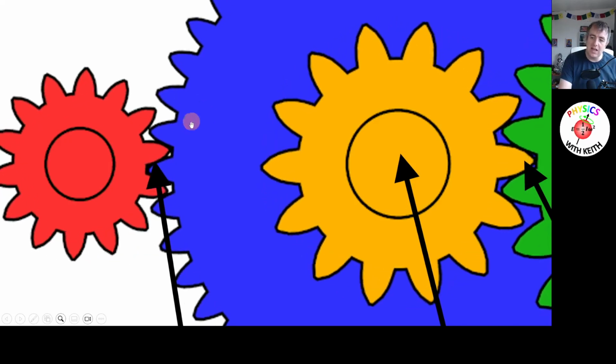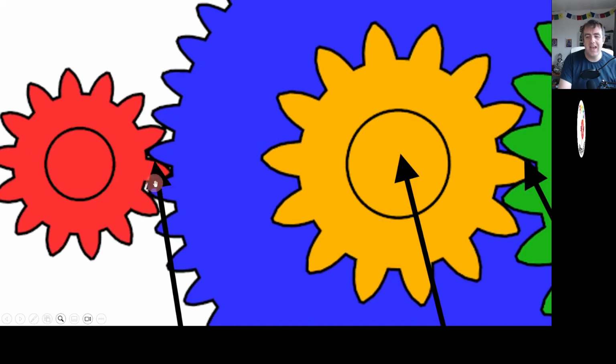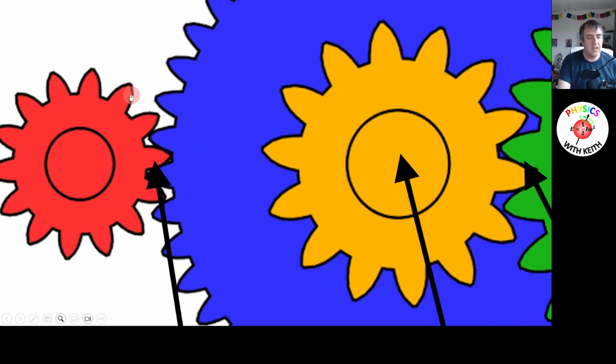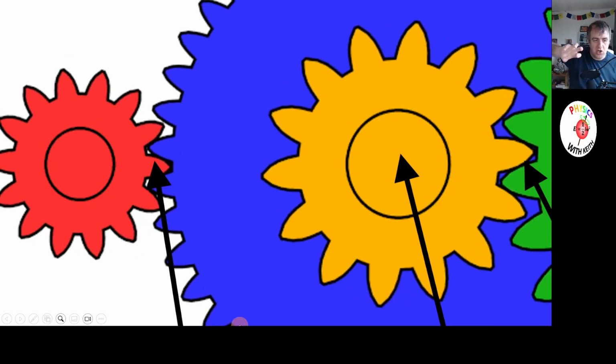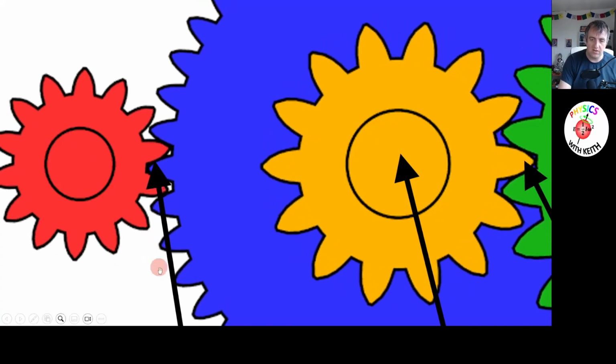As the blue gear tooth pushes the red gear tooth up, that's trying to cause an anti-clockwise moment on the red gear. And I'm putting energy into the red gear by pushing it with a force which produces a clockwise moment.